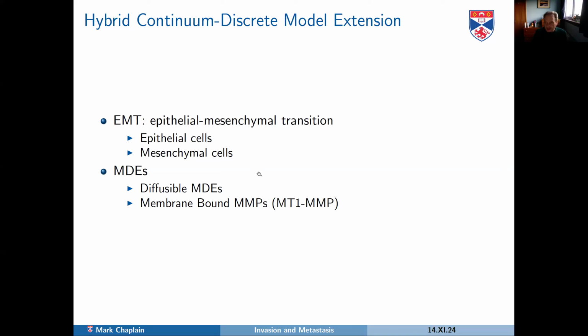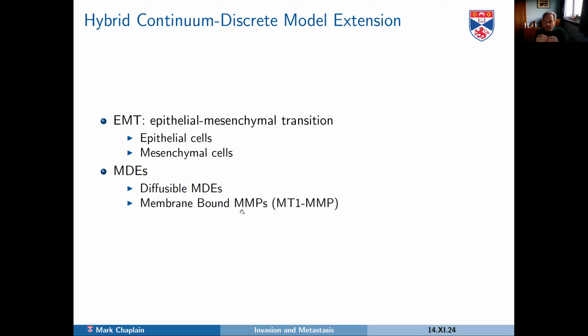And then in terms of the matrix-degrading enzymes, in the intervening years, it was found out that in addition to the diffusible matrix-degrading enzymes, such as matrix metalloproteinases, there was also a new class which were called membrane-bound matrix metalloproteinases.